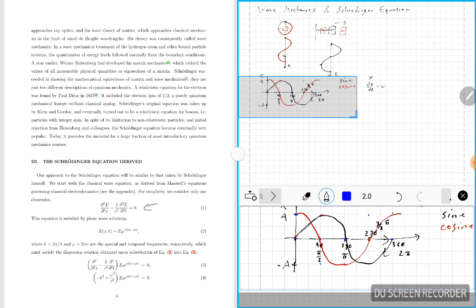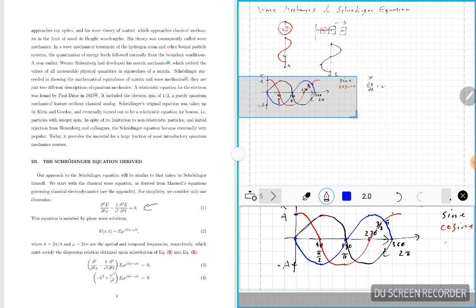So I start out at 0. At pi halves, I'm at a maximum, the negative maximum, so at 180, I'm at 0. At 270, I'm now at the positive maximum, and at 360, I'm at 0 again.